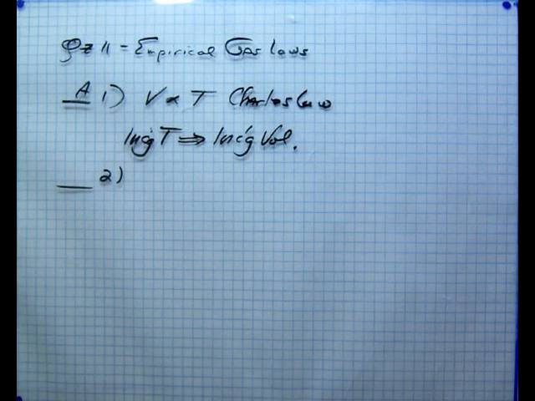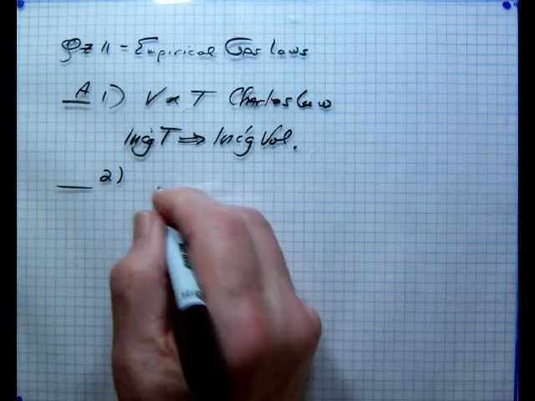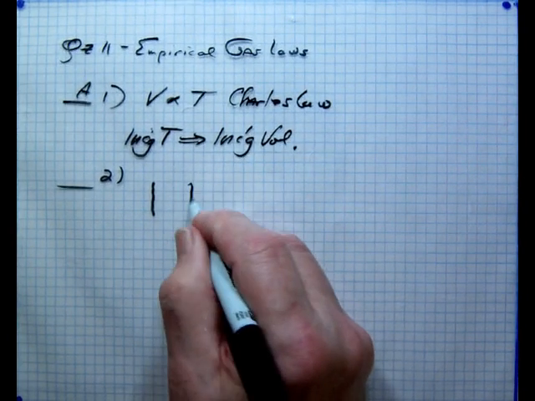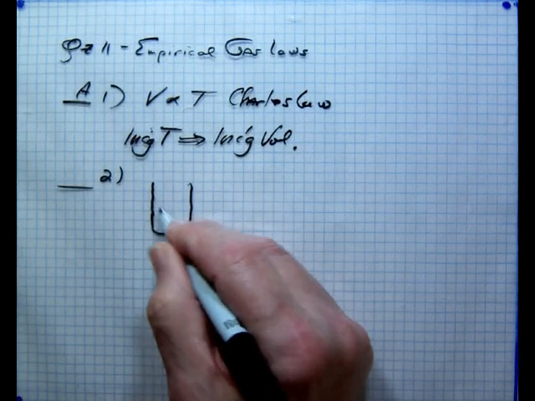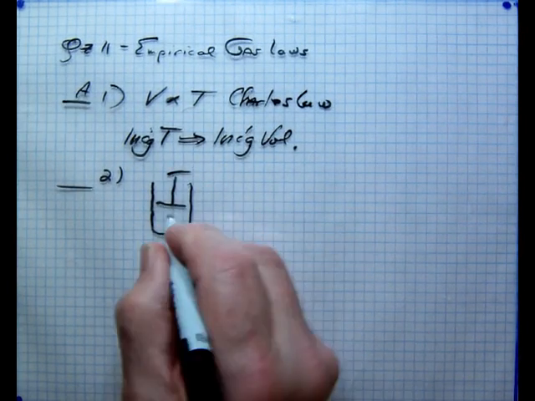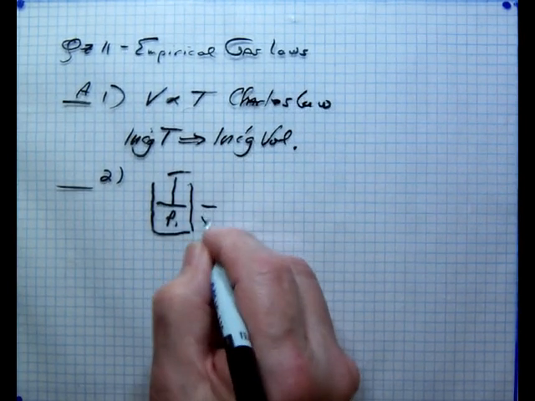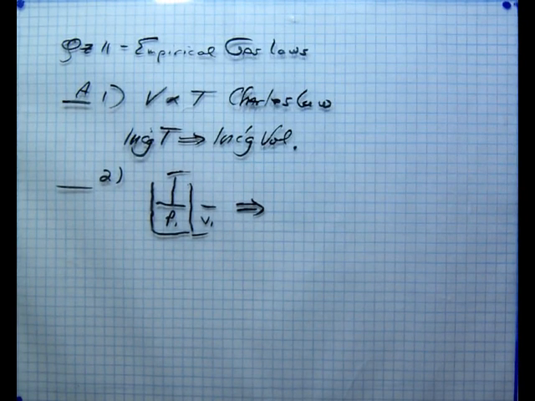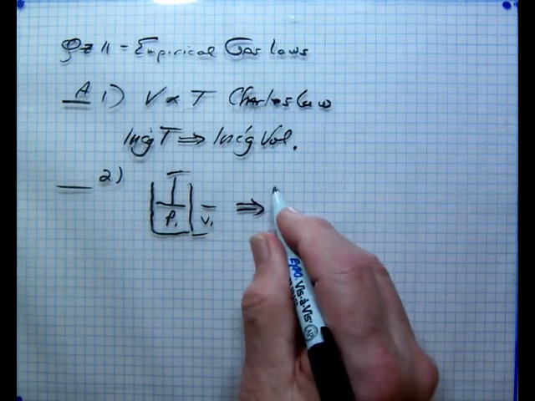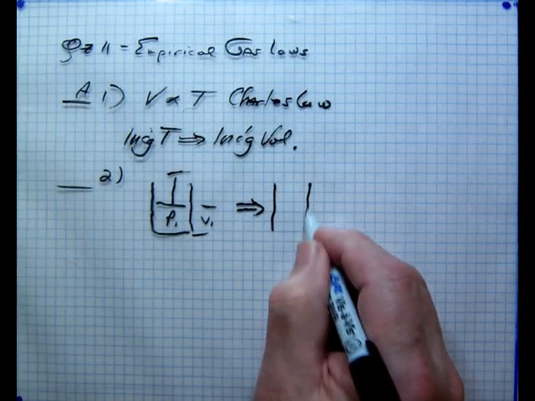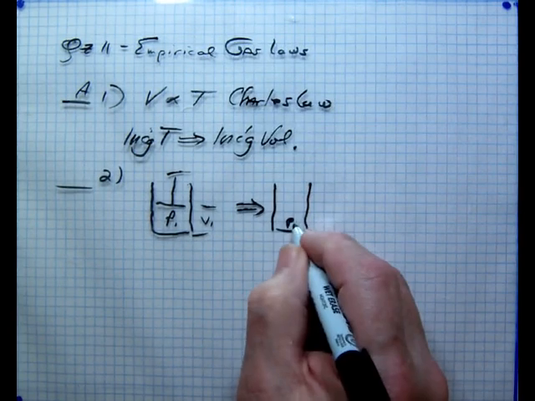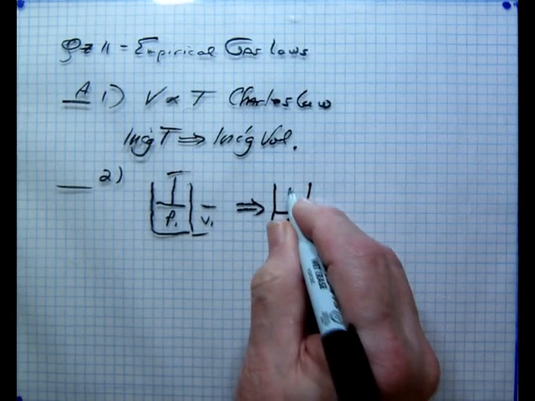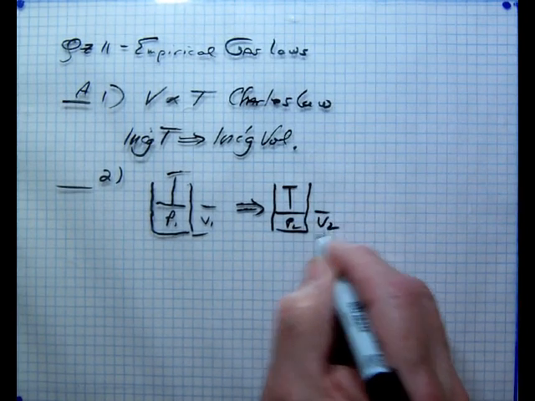A sample of gas is confined to a cylinder. And you have pressure 1 at volume 1, and the cylinder is pushed down so that you have P2 now at a different volume, V2.